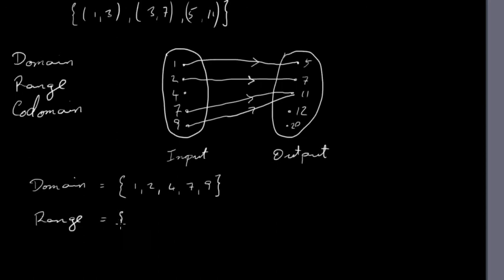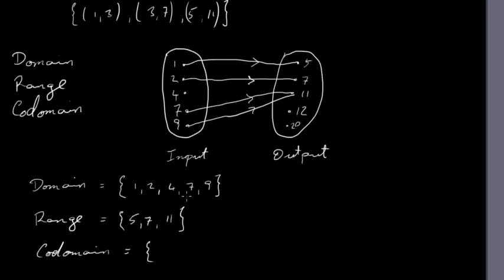What about our range then? The range is the set of all actual outputs. So in this case, what are our outputs? Our actual outputs are 5, 7, and 11. And our codomain in this case, the codomain, is the set of all possible outputs.